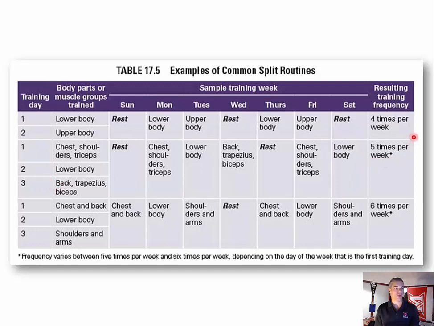So you see here with this resulting training frequency being 5 days per week, doing the chest and shoulders on Monday and Friday, the lower body on Tuesday and Saturday, and the back in this specific week example on Wednesday of that given week. We can also break it up and maybe do alternating movements, so chest and back one day, lower body one day, and the shoulders and arms on that third day. And again, this would result in a frequency of resistance training of 6 times per week.